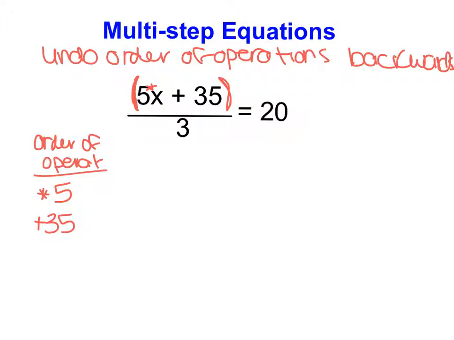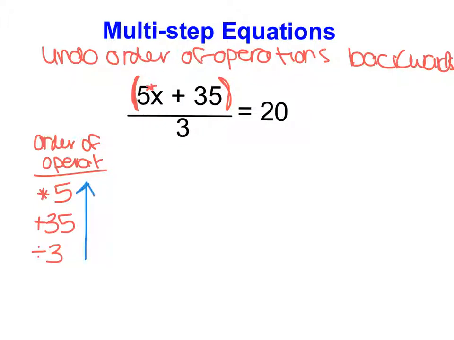At that point, I would have the entire value of my numerator. And then third, I would divide by 3. So there are 3 operations here on the left-hand side, and if I were to have a value for x, I would evaluate that by multiplying by 5, adding 35, and then dividing by 3.